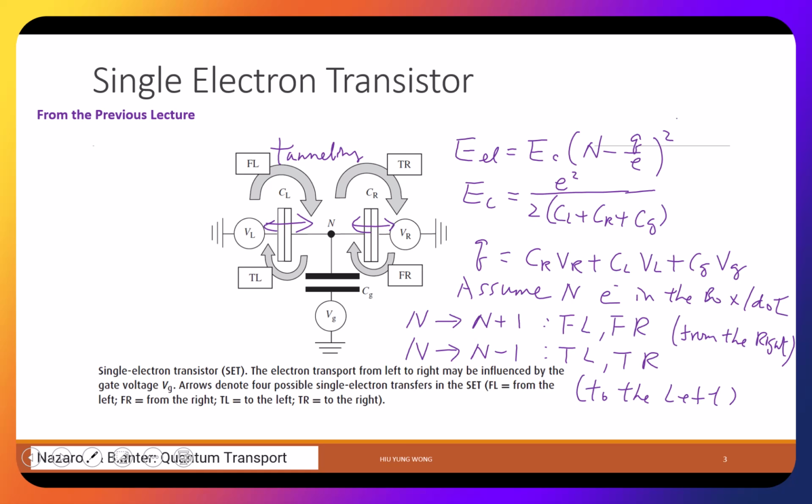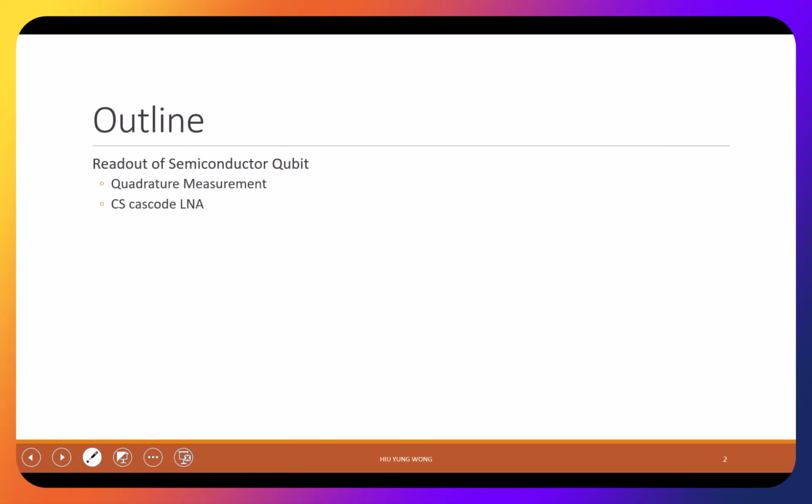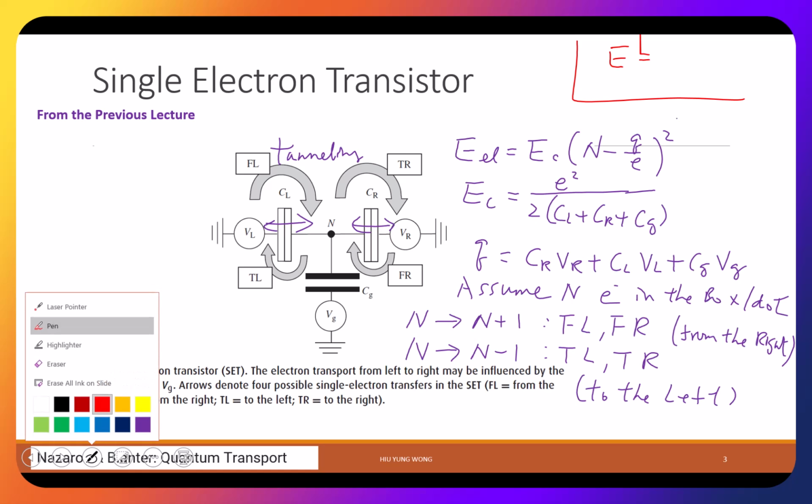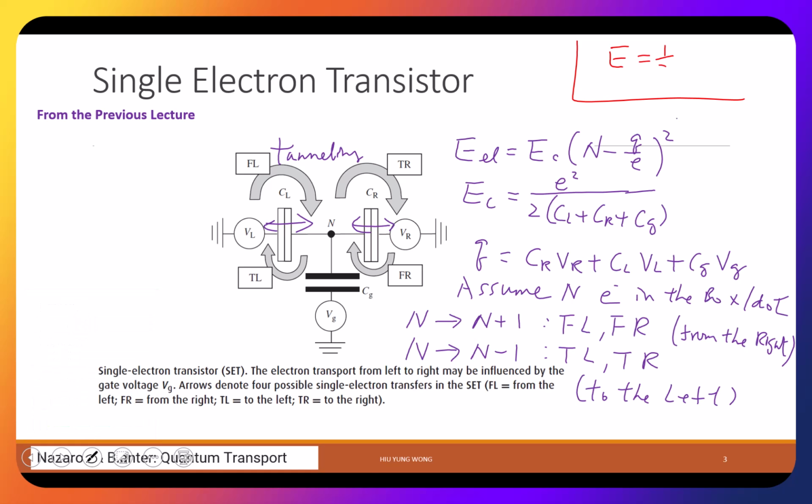When we had the simple problem, it was just e squared divided by 2C, because the energy of a capacitor is equal to half Q squared over C. That's why you have this form. Again, this is just a definition, a constant that pertains to this system.